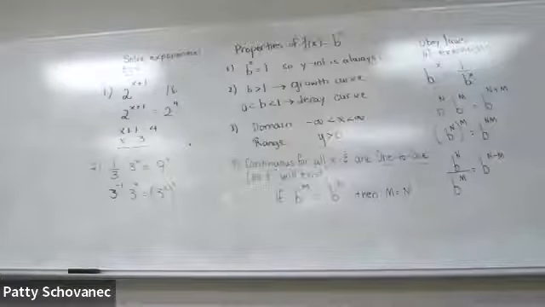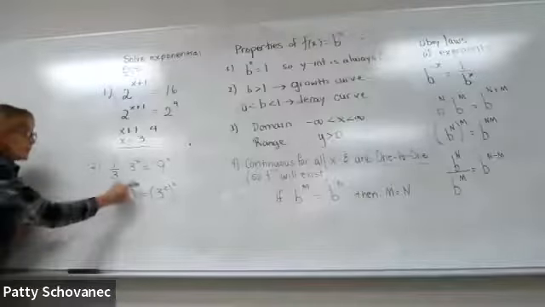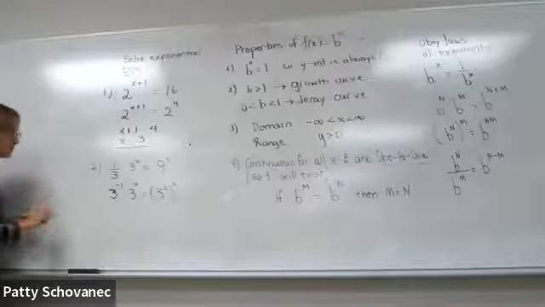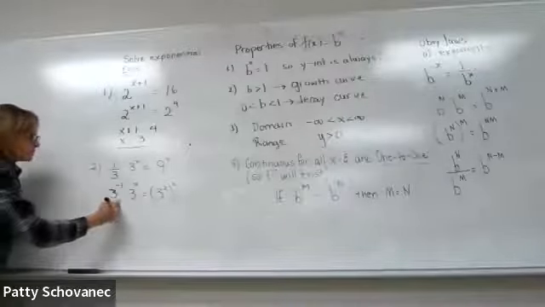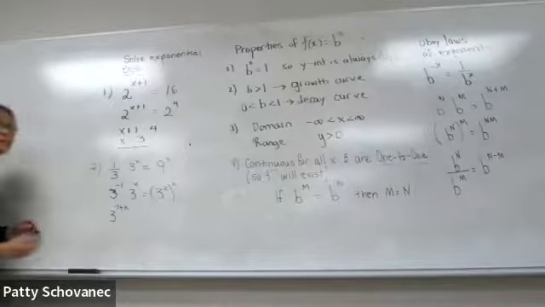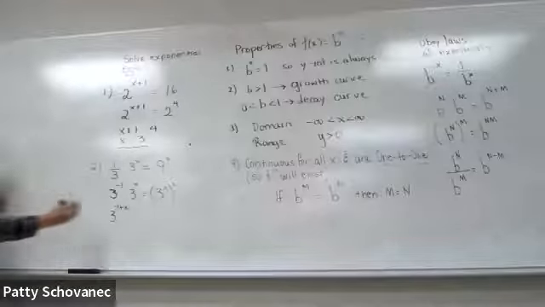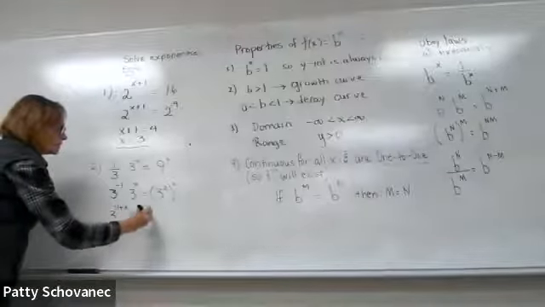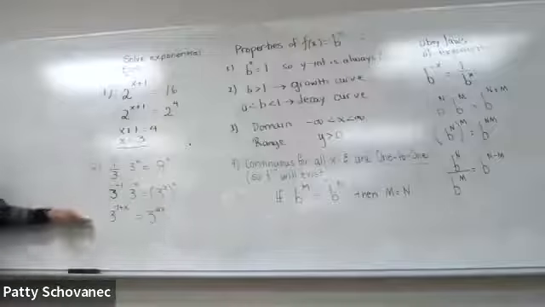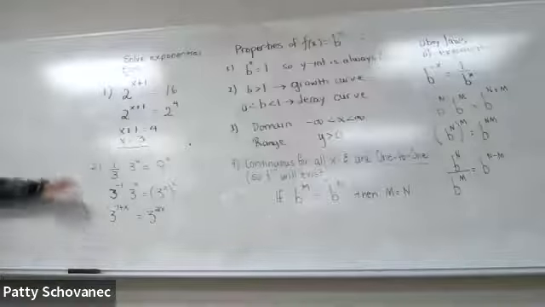Now combine where you can using those properties of exponents. When you multiply like bases, you add the exponents. So this can be written as 3 to the negative 1 plus x. When you raise a power to a power, you multiply exponents. So the right-hand side can be written as 3 to the 2 times x. And now we have the same situation that we had before.